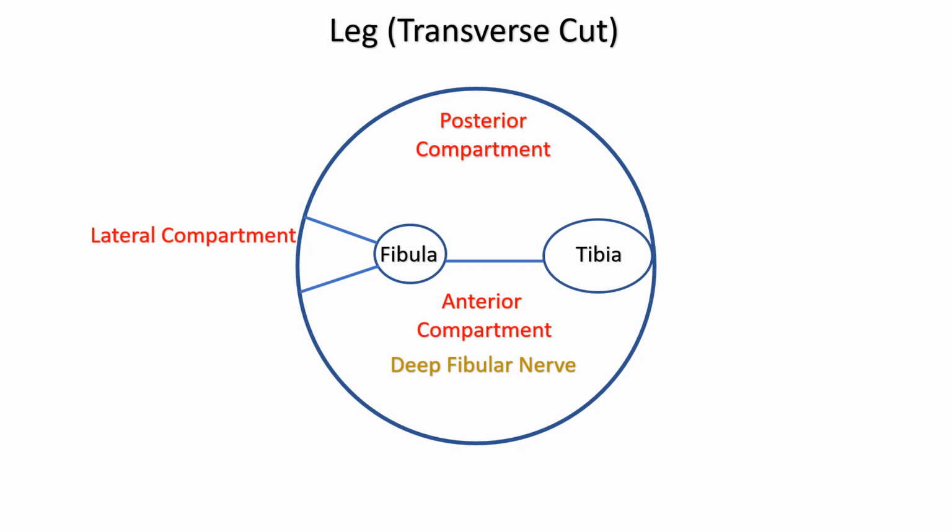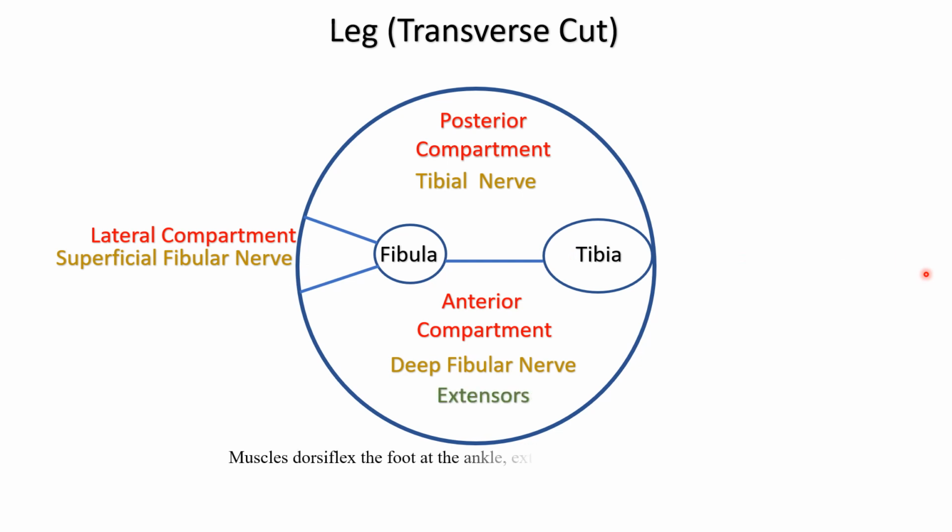The arterial supply will be via the anterior tibial artery. The lateral compartment will be innervated by the superficial fibular nerve, and posterior compartment will be innervated by the tibial nerve. Okay, arterial supply will be the posterior tibial artery. Okay, lateral compartment, arterial supply, fibular artery.